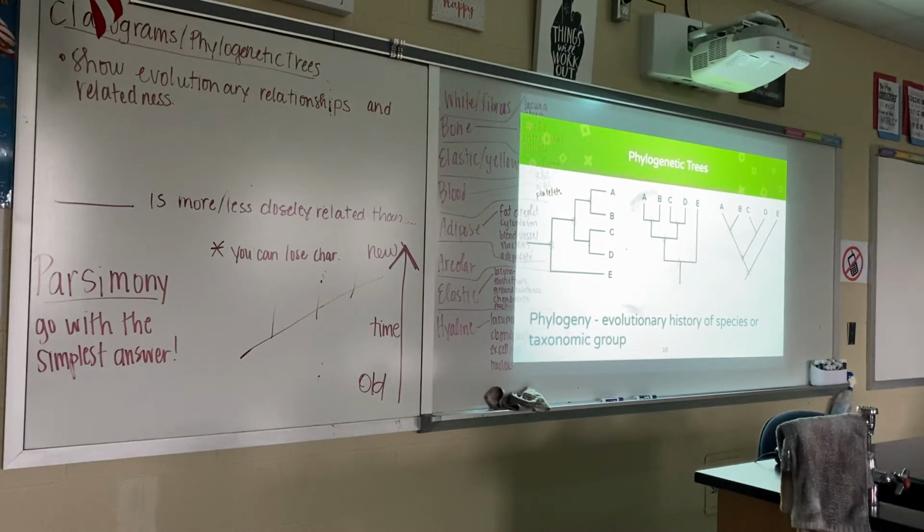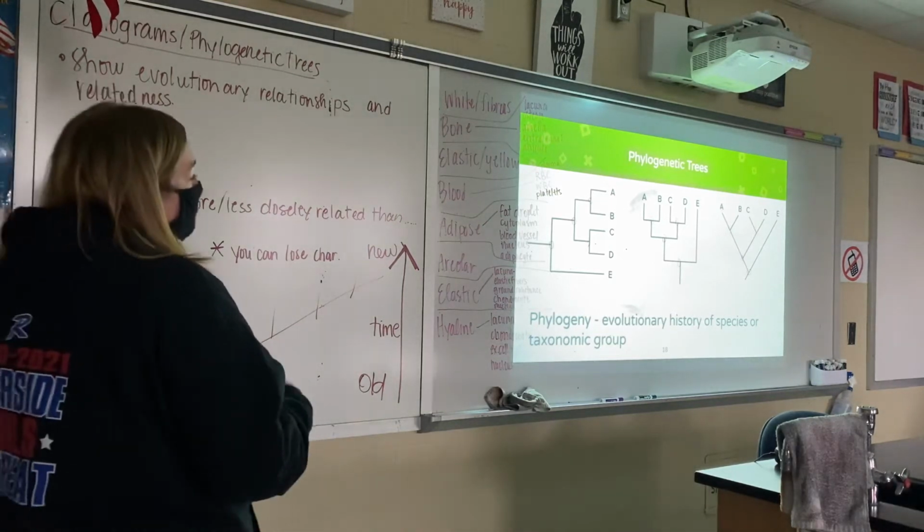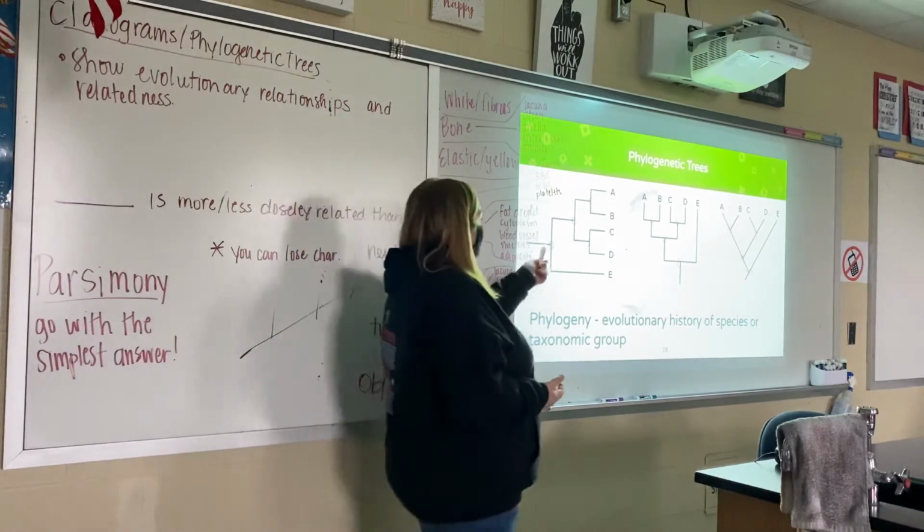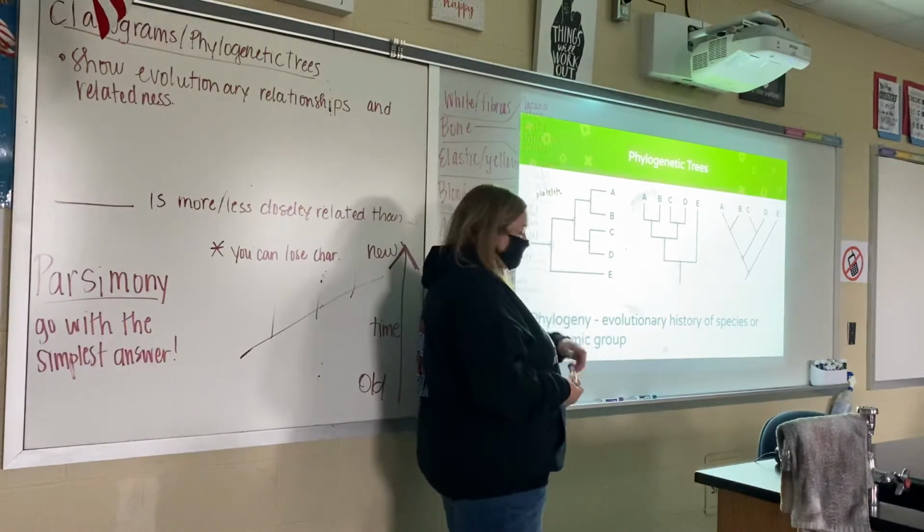And so each time there's an intersection, we say a common ancestor, but it could just be a characteristic. It could be a totally fictitious organism. It may not even be real. But what those intersections show us is that there is some sort of relatedness where the characteristics have changed.